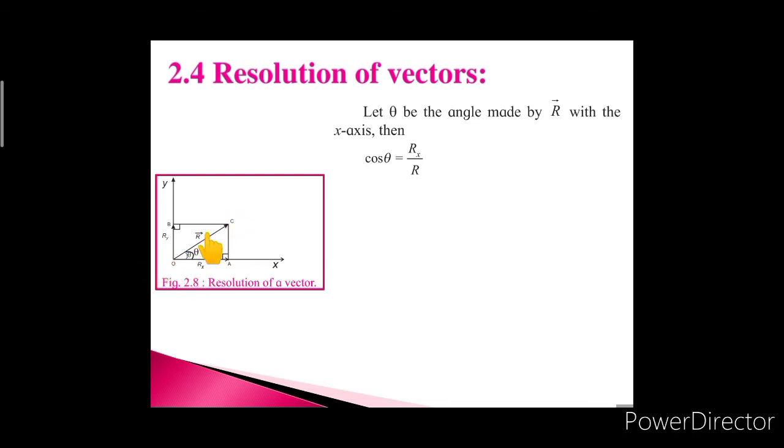In triangle OCA, the adjacent is vector OA and the hypotenuse is vector OC.